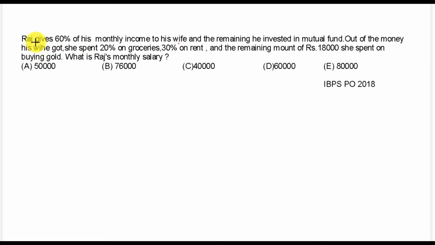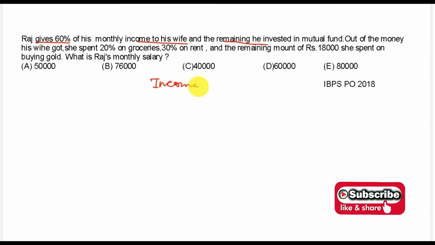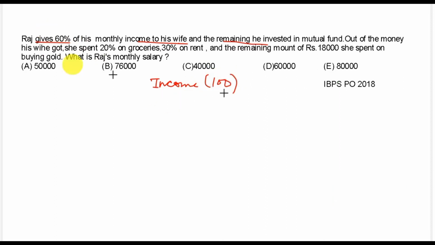It says Raz gives 60% of his income to his wife and the remaining he invested in mutual fund. So we can say first here is the income, which we don't know, so we will take this as 100, right? As this is a question of percentage, we will take the income as 100.